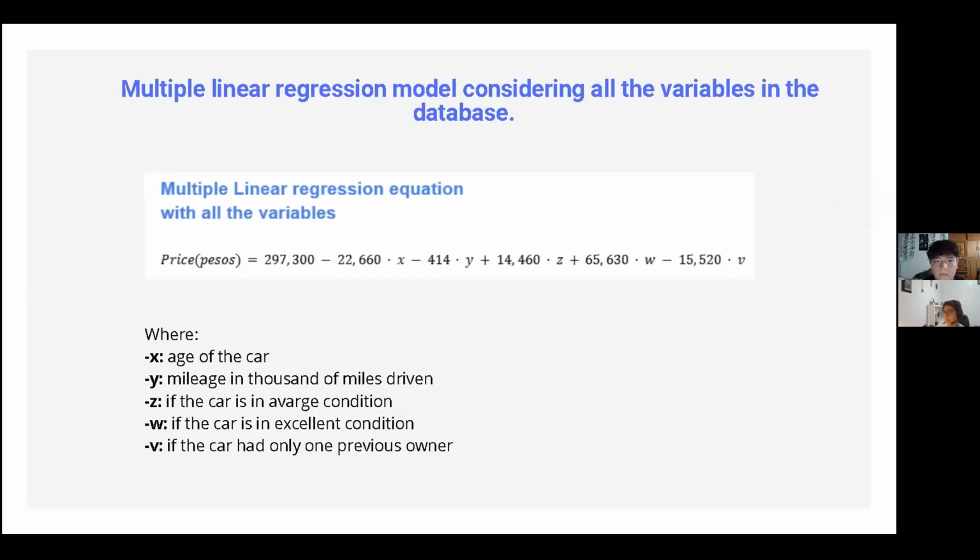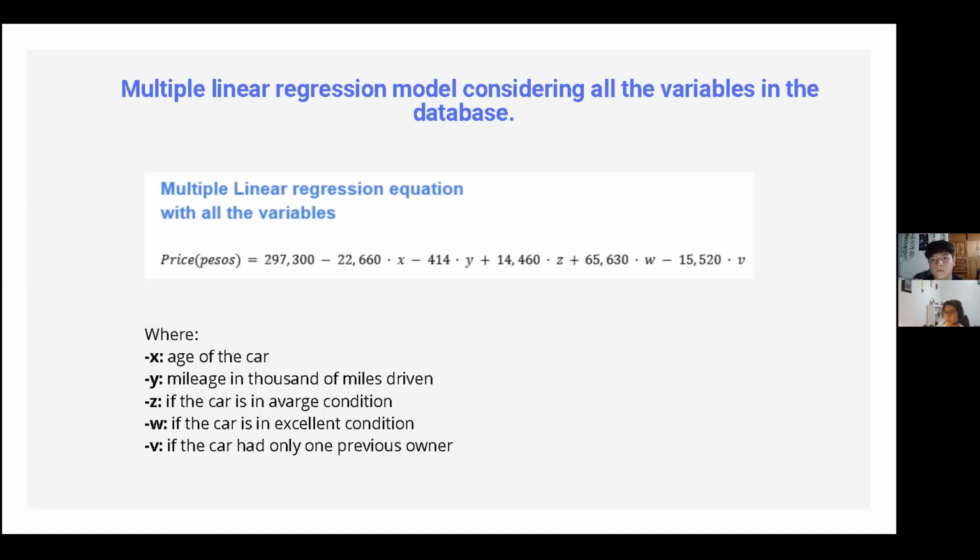Then we created a multiple linear regression model including all the variables. Here is the equation, where x is the age of the car, y is the mileage in thousands of miles driven, C is if the car is in average condition, W is if the car is in excellent condition, and B is if the car had only one previous owner.